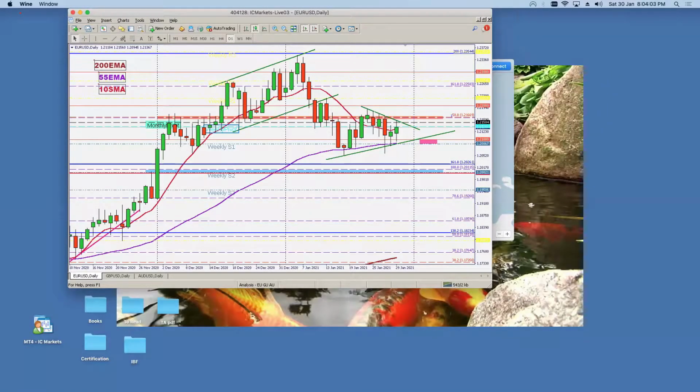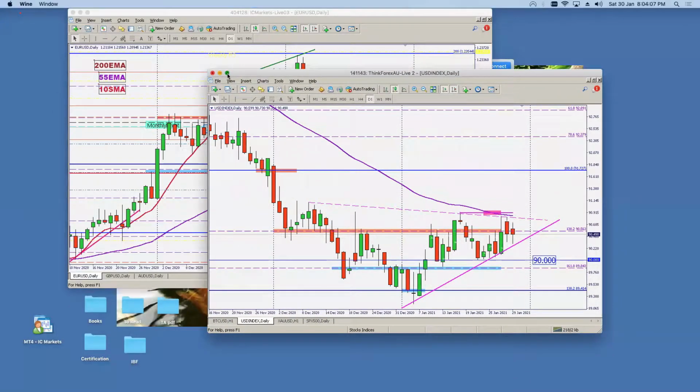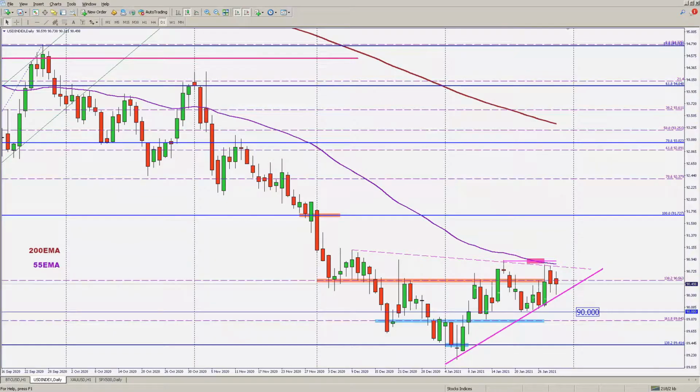Let's bring that in, where it has been drifting up higher with higher lows, and it's now consolidating into the apex of a triangle. Just drew the upper trend line here, as well as key resistance at the daily 55 EMA.